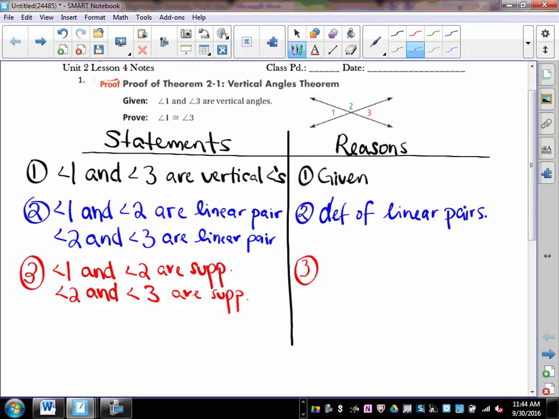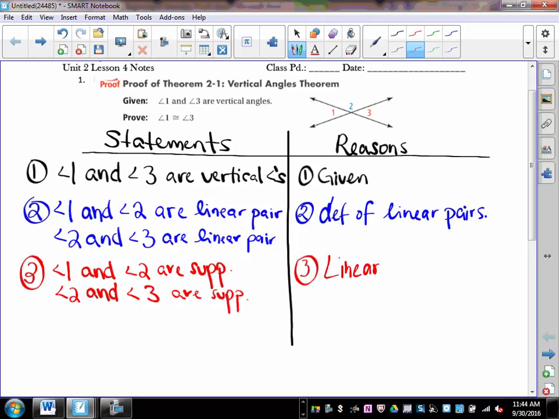Is it a postulate or is it the definition of supplementary? What is the definition of supplementary? 2 angles that add up to be 180. Do we know that they have to be 180 yet? No. So that's not how we got there. We got there by the linear pair postulate, which says linear pairs are supplementary. Okay. So linear pair postulate.